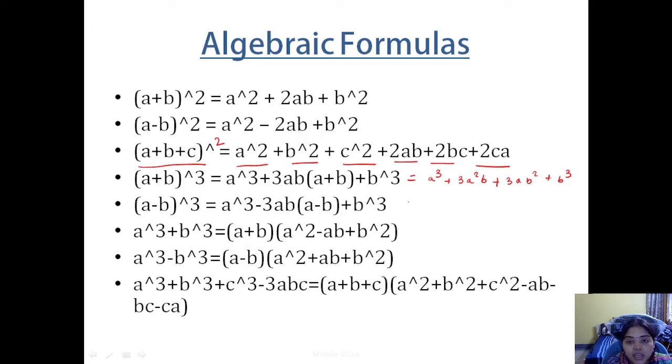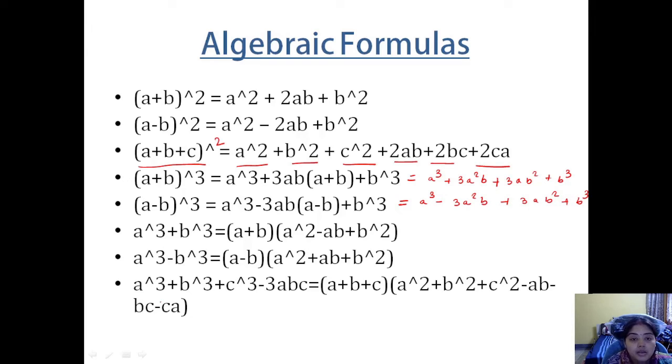Similarly, (a minus b) cube can be written as a cube minus 3a square b plus 3ab square minus b cube. Fine.